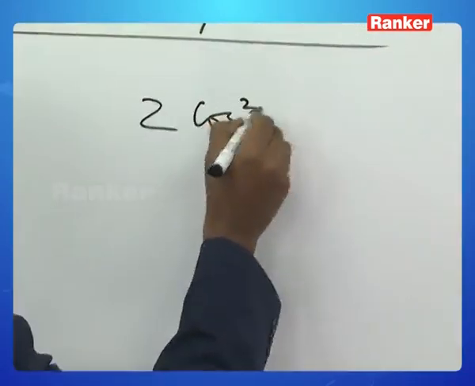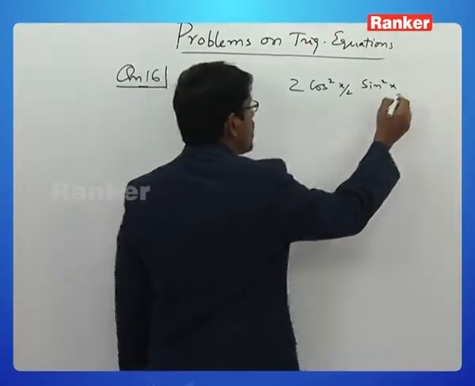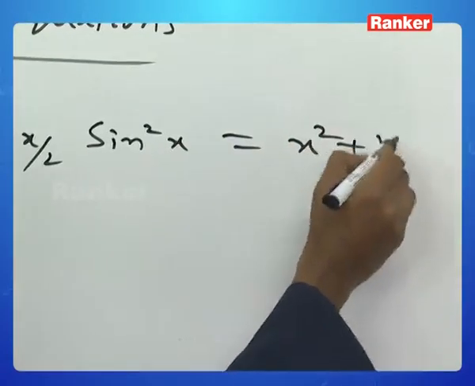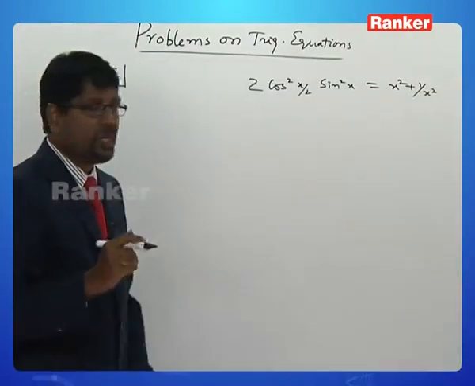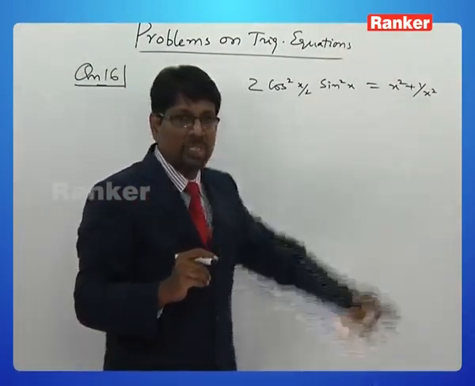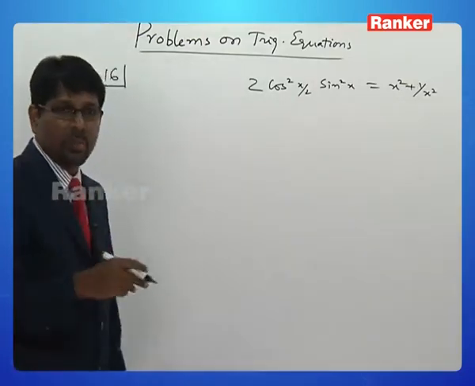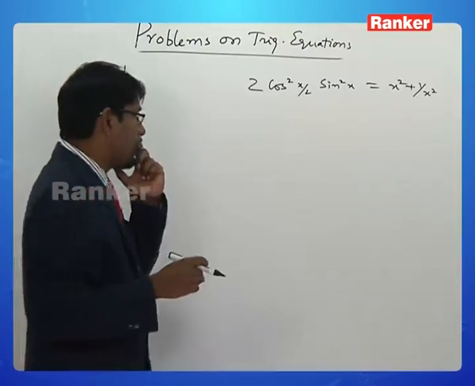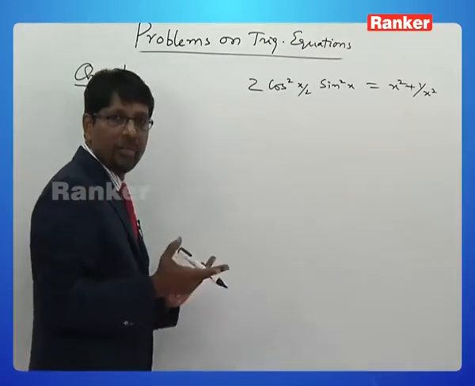Again, 2 cos square x by 2 into sin square x is equated to x square plus 1 by x square. The left hand side is a trigonometric expression and the right hand side is an algebraic expression. When we are given such problems, we first find the range of the left hand member and the right hand member separately.